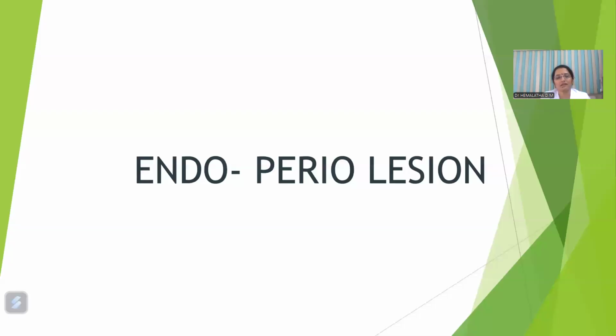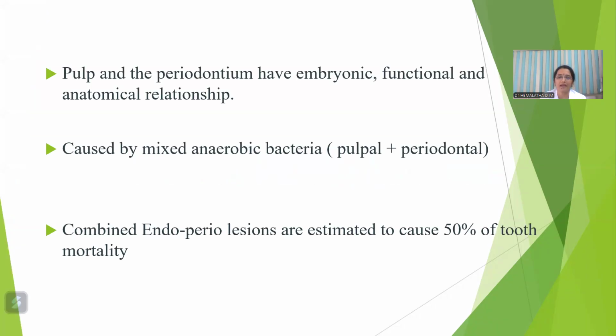Very good morning. In today's class, we are going to discuss endo-perio lesions. Coming on to endo-perio lesions, they both have an embryonic, functional, and anatomic relationship. This relationship is causing your endo-perio lesion.